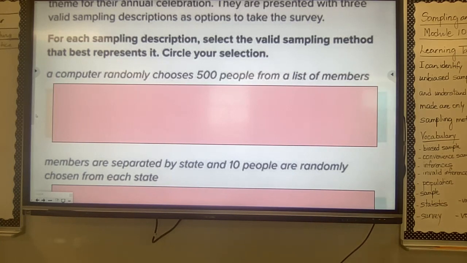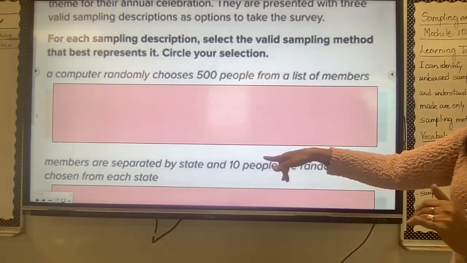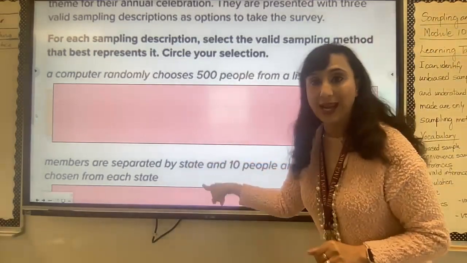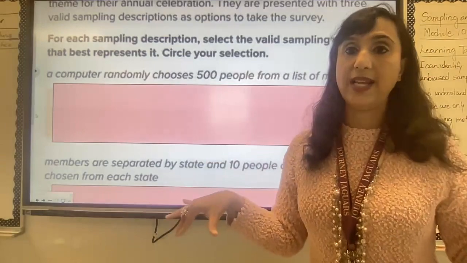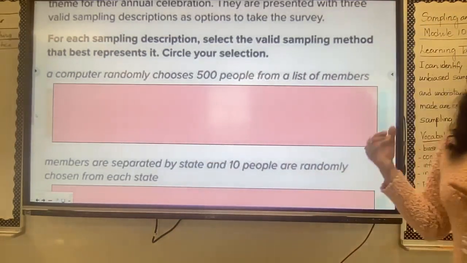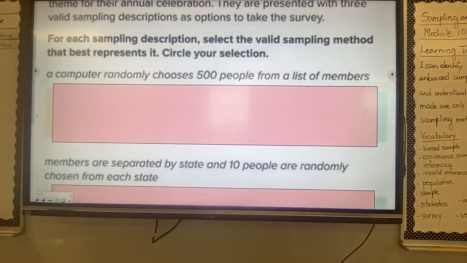Because the population is divided into groups with similar traits that do not overlap, look at the groups. Members are separated by state, and this is what divides them into groups. Then from there, a simple random sample is selected. So the second one is definitely a stratified random sample.